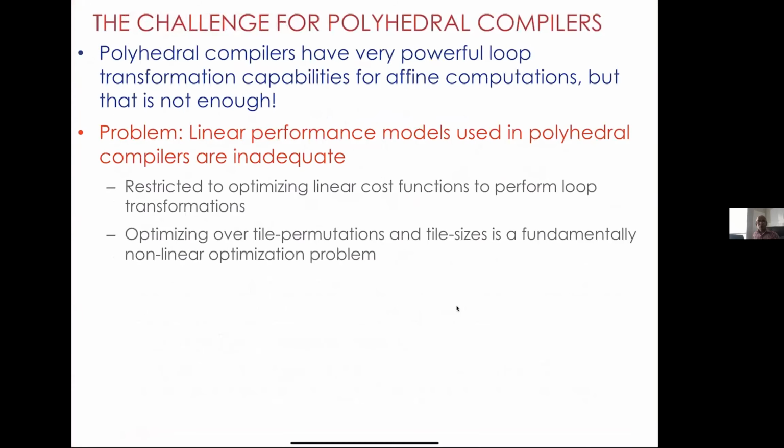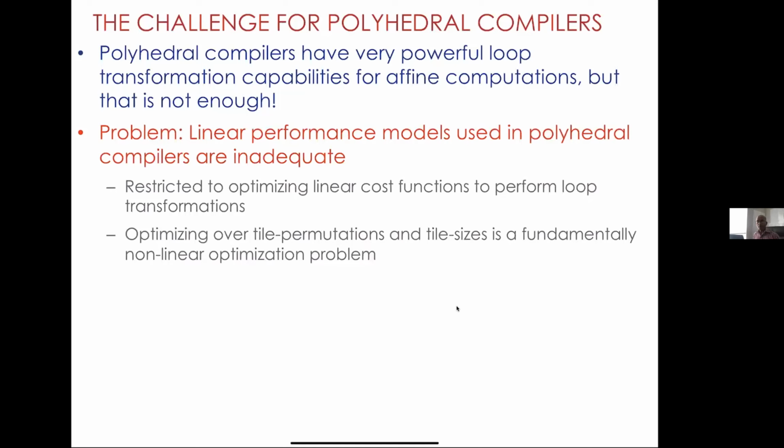So why is this the case? What is the challenge really here for polyhedral compilers? On the one hand, polyhedral compilers have extremely powerful loop transformation capabilities for affine computations, and they represent the state of the art with respect to loop transformation capabilities. But unfortunately, that is not enough in terms of delivering really high performance.